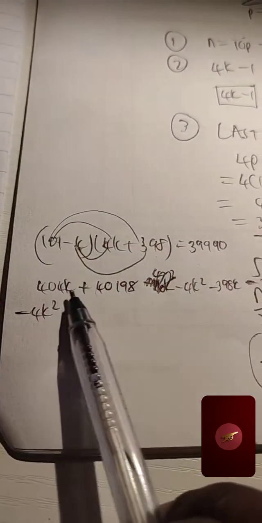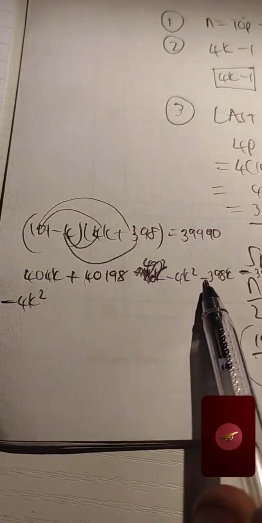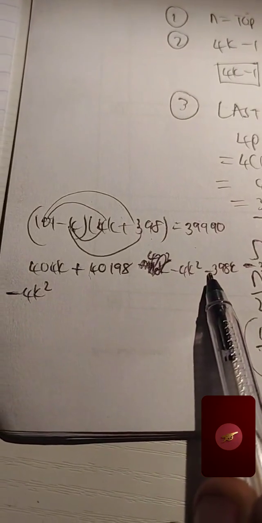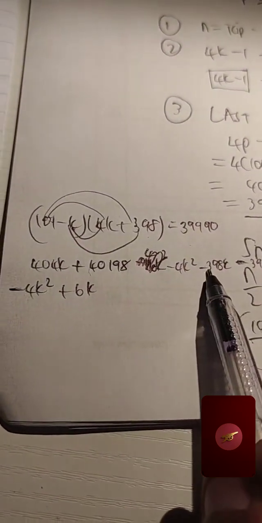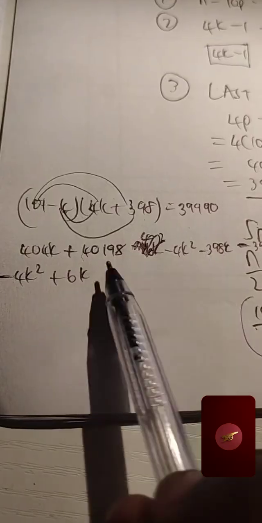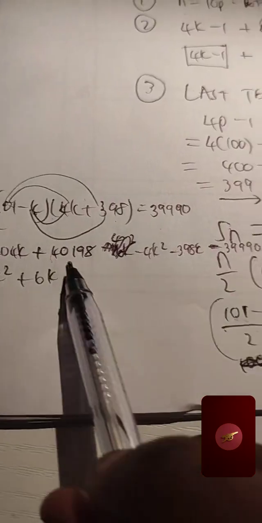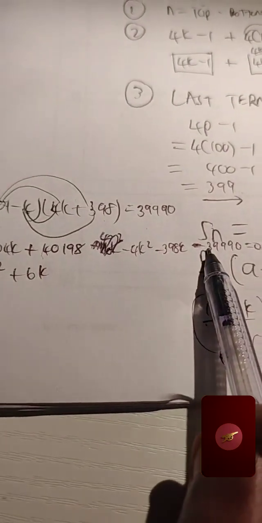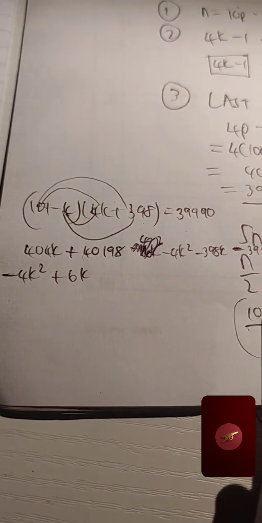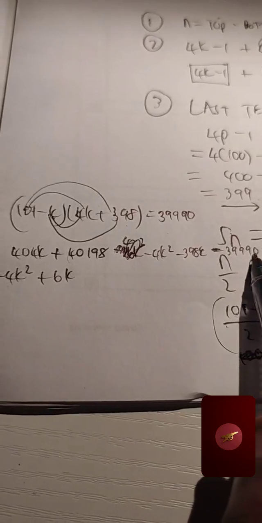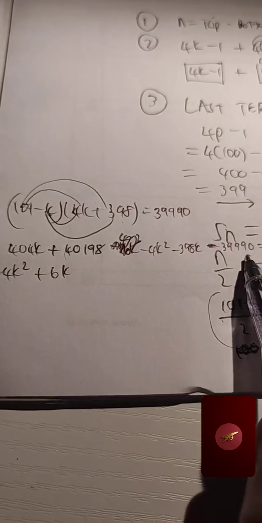Then standard form is negative 4k squared. 404k minus 398k is actually 6k. And 40,198 minus 39,990 gives you 208. Positive 208.